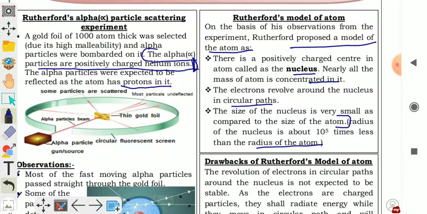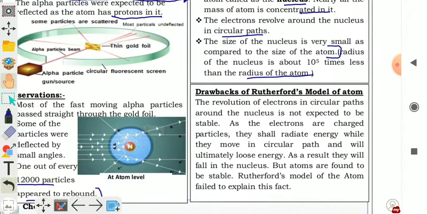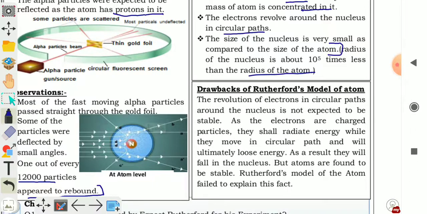Now drawbacks of Rutherford's model of atom. The revolution of electrons in circular path around the nucleus is not expected to be stable, as the electrons are charged particles and they shall radiate energy while they move in circular path and will ultimately lose energy.